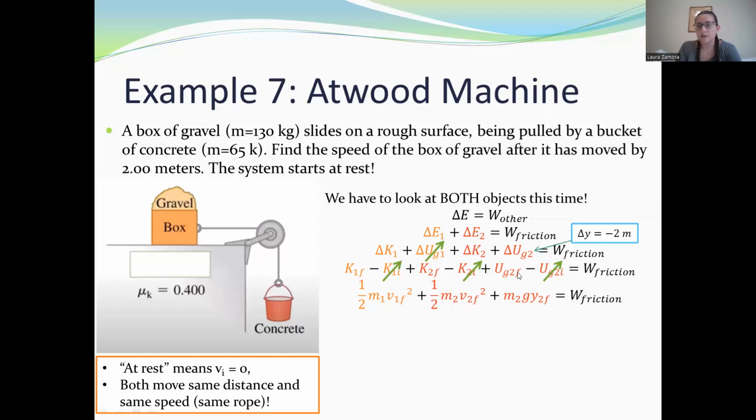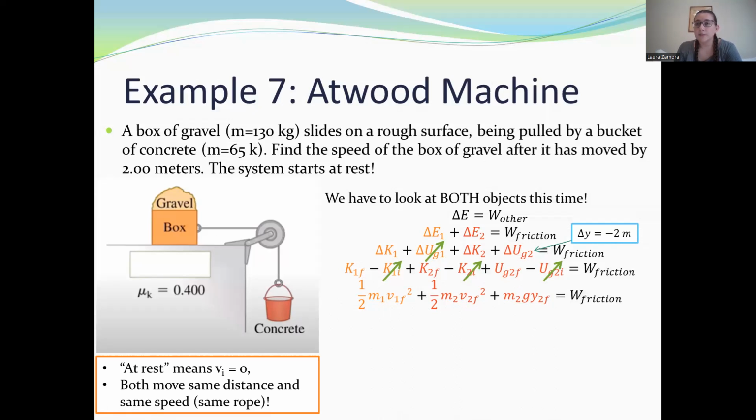And potential energy final for that bucket, mgy. Remember the subscript 2 means that second object, the bucket. Subscript 1 means the first object, which is the box. Subscript F means the final. So final kinetic energy, final kinetic energy, final potential energy.